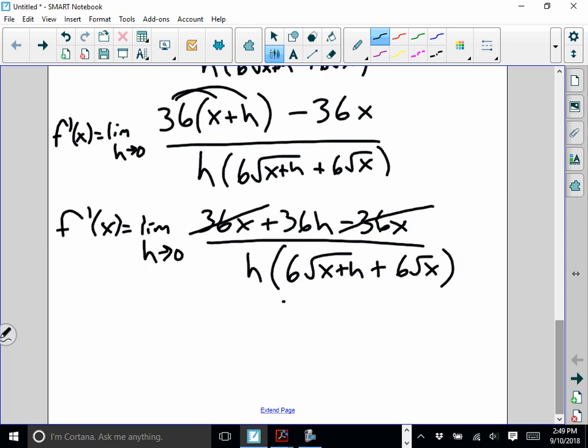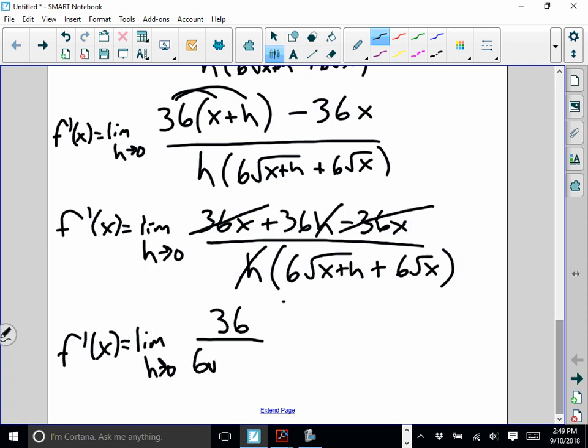Because we're now multiplying on the bottom, we now can cancel out these two h's. This h and this h cancel each other out. So we're left with f prime of x equals limit h goes to 0 of 36 over 6 root x plus h plus 6 root x.